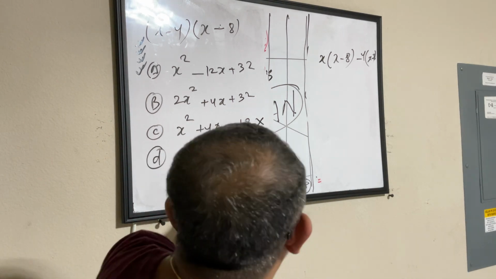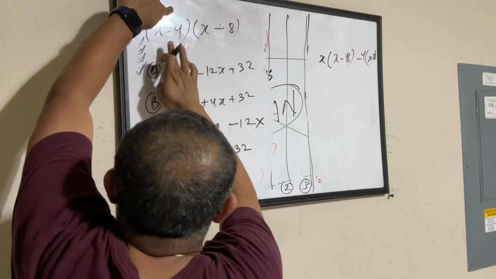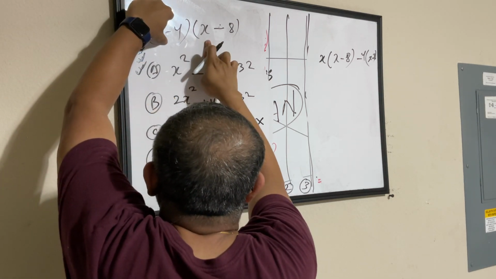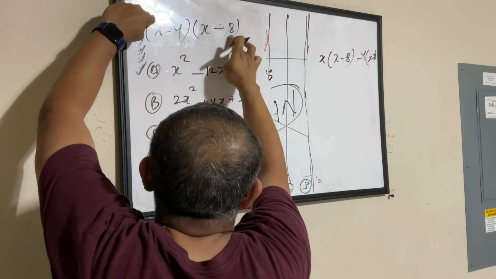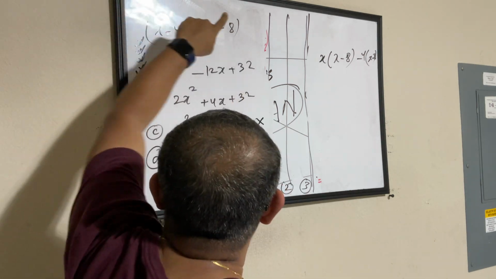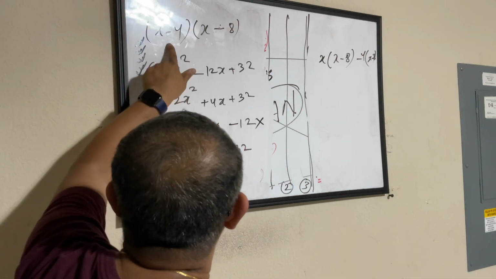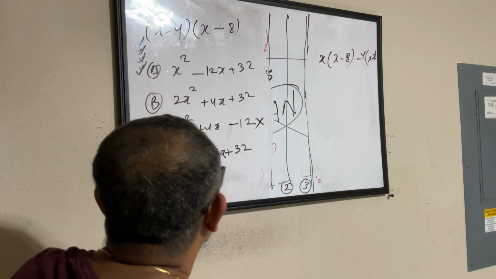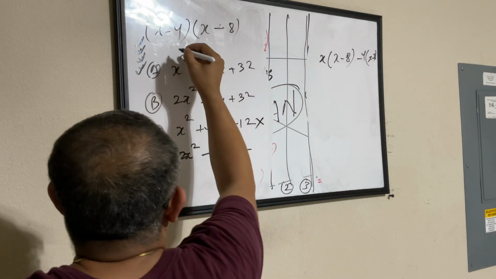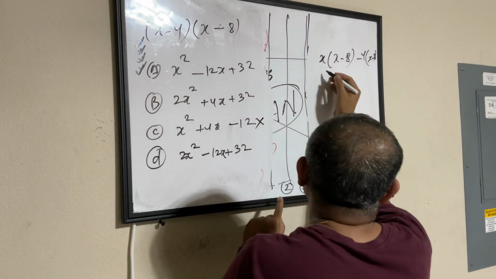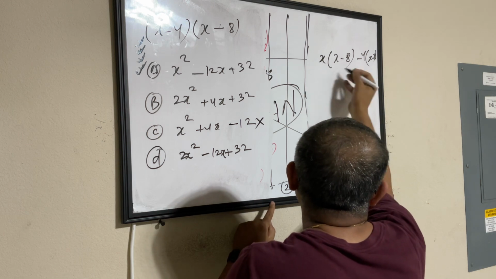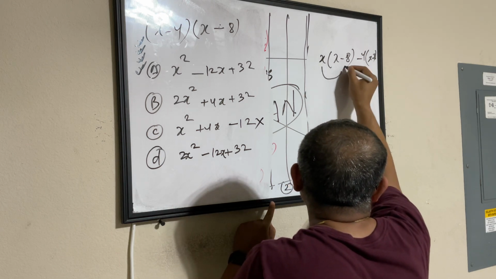Now the next thing you will look at is, when I'm multiplying minus 4 with x, I get a minus 4x. When I'm multiplying x with minus 8, I'm getting a minus 8x. So I'm getting minus 12x. So my x coefficient is going to be minus 12. See, there are two scenarios when I'll get an x with only power of x equal to 1.